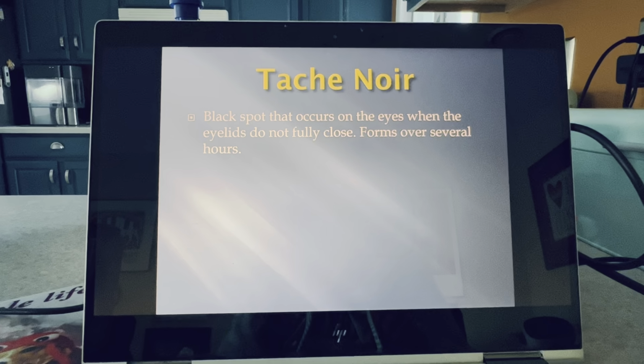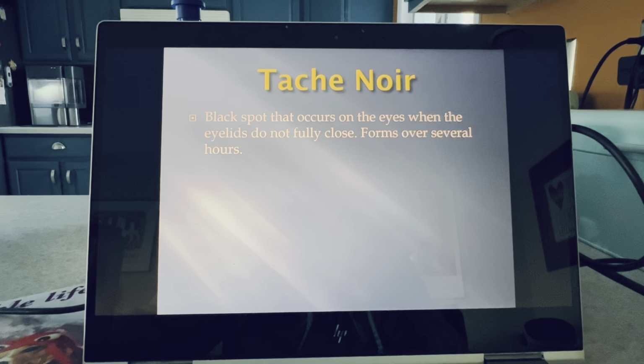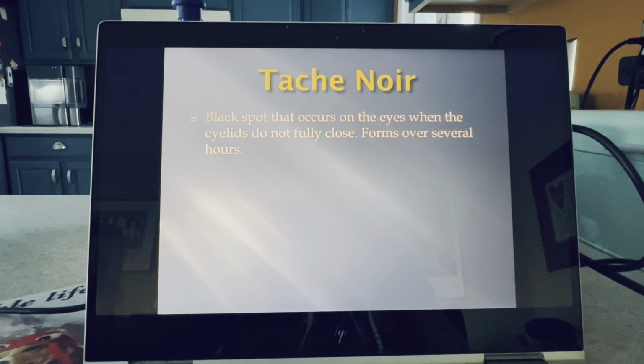That is all tache noire is: the drying out of the cornea after death because it's exposed to air. If you look at the final picture in the PowerPoint, the tache noire are those darker, blackish, brownish lines. All that means is that that person's eyelids were not fully closed.